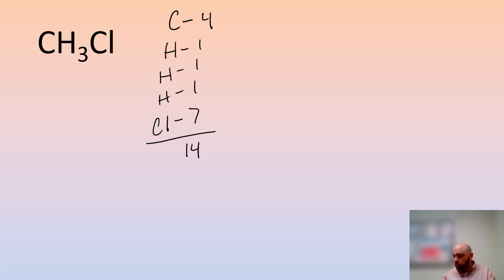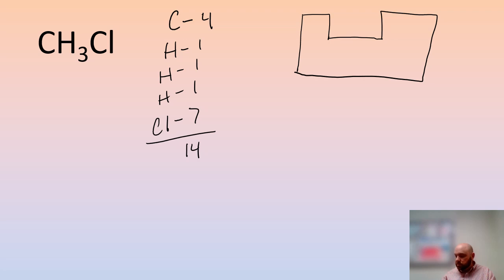If we remember from our periodic properties, if we can just do a little imaginary periodic table here, electronegativity increases as you move from left to right and as you move from bottom to top.